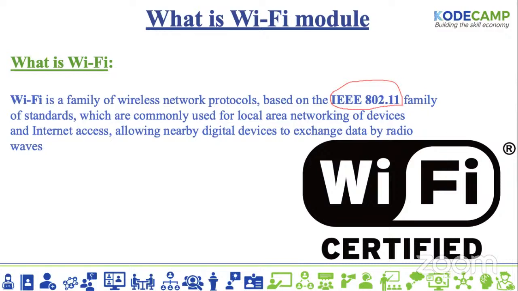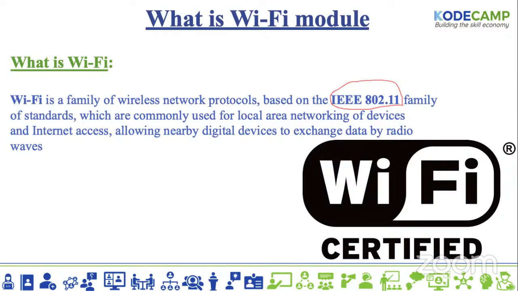Our TVs are now smart, being Wi-Fi enabled. A lot of things, even watches, are now Wi-Fi enabled, and you're able to make communications as fast as you want.